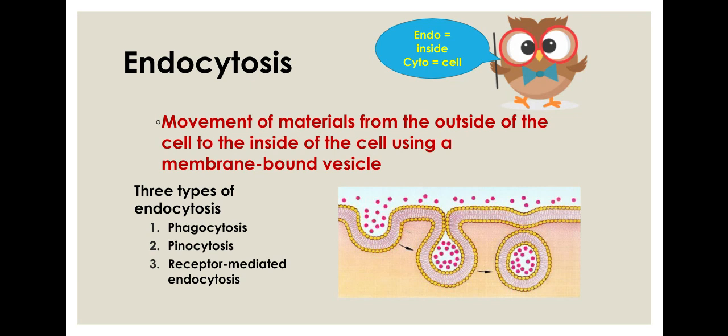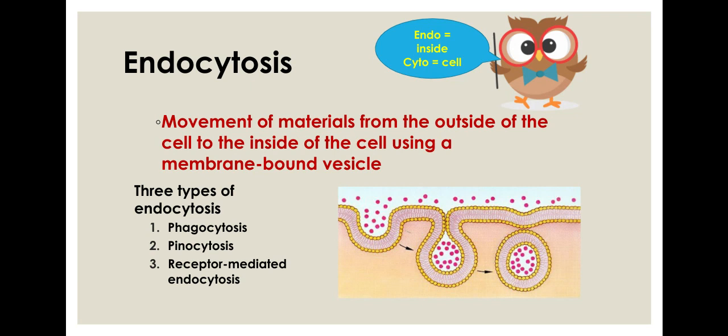Endocytosis, endo, inside, so we're bringing something in. And then we can have three types of that. We can have phagocytosis, which is considered cell eating. So again, that membrane will sort of pinch in and scoop up these particles that the cell wants to sort of eat.